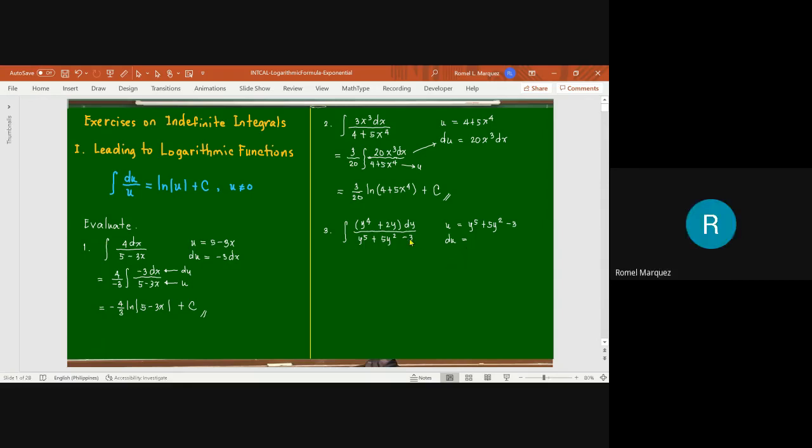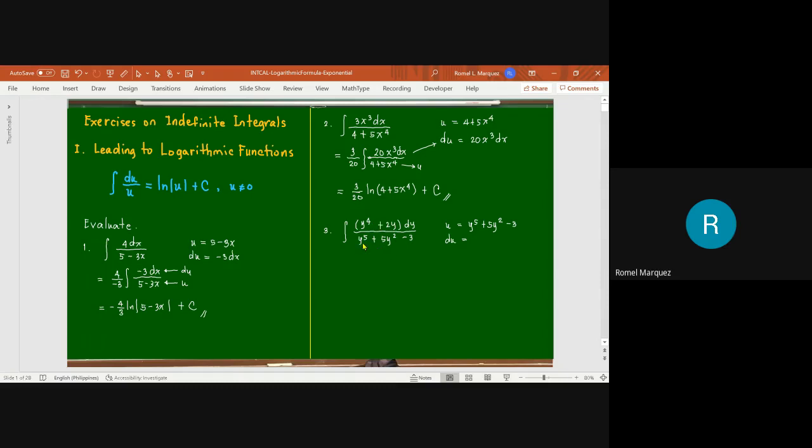You try. Because it is a quotient, you can actually check if the numerator is possible to be the du at 1. Let's say the denominator is y to the fifth, so the numerator is expected to have a power of y to the fourth. If there is y to the fifth in the numerator, it's not possible.